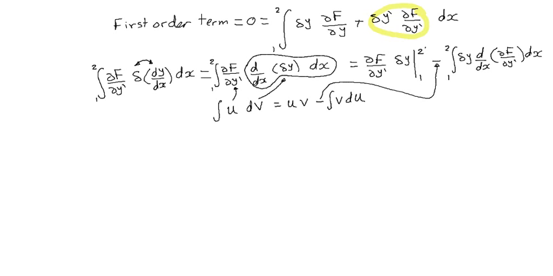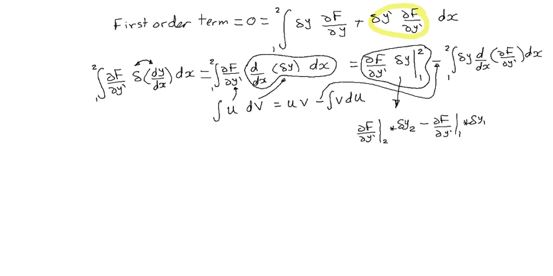Now, if we examine this term carefully, we will be happy to observe that it's equal to 0, because this term can be written as partial f by partial y prime evaluated at point 2 multiplied by delta y2, minus partial f by partial y prime evaluated at point 1 multiplied by delta y1.